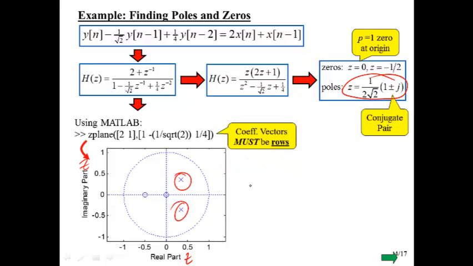Now, we found these things by hand up here, so we could make this pole zero plot by hand, or we can use MATLAB's command zplane. And you can see that for that we should go directly from this. MATLAB's zplane command goes directly from the z inverse form. By hand it makes a lot more sense to convert it into the z form.